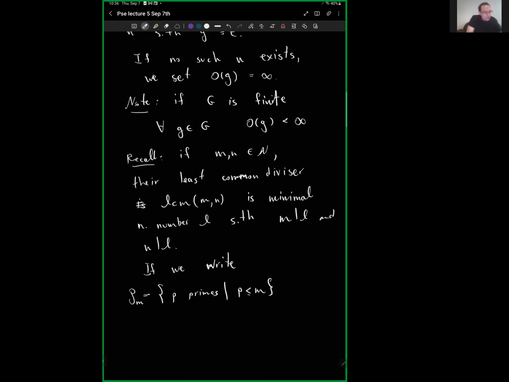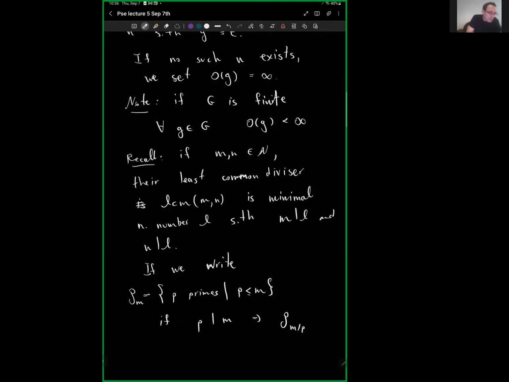And if p divides m, then you consider the set of all primes that are smaller or equal to m over p.